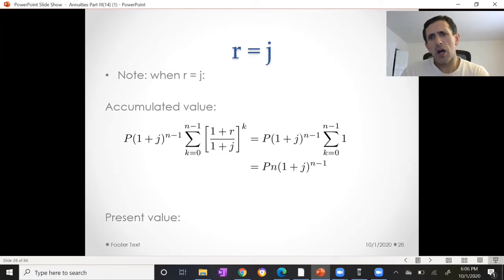And what's particularly simple is the present value, because if we just multiply everything by (1+j)^(−n), remember, as I mentioned last time, whenever you take the accumulated value, the future value, you're dating everything to the end of the annuity, t equals n.